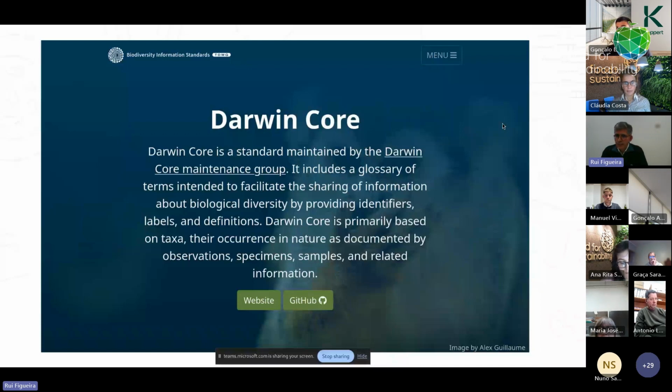That requires a standardization. So Darwin Core is the standard that is most used through the GBIF community, meaning institutions that publish data. That's about 2,000 institutions all over the world that organize and publish their data using a standard.